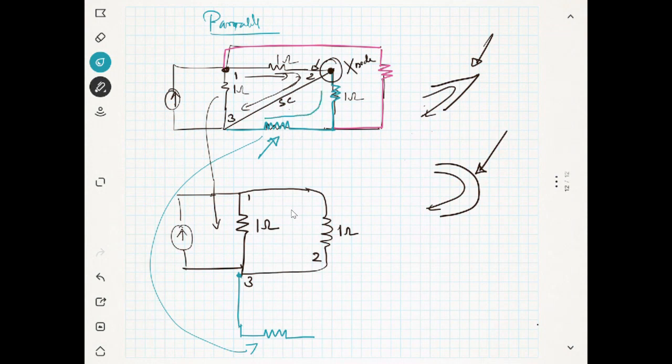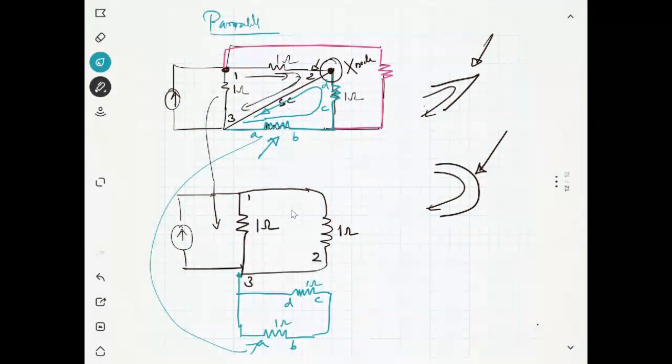You can give some labels A, B, C, D. This is 1 ohm and this is 1 ohm. Is it okay?